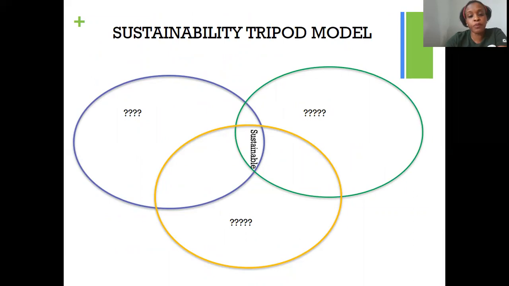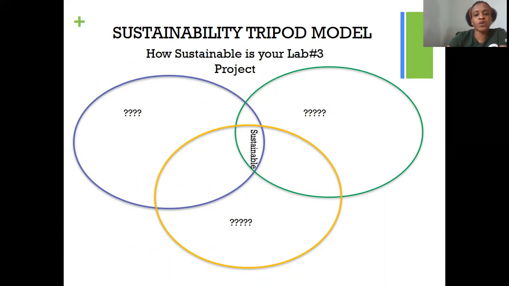And so just to wrap up, I would like you again in your Microsoft Teams channels to just start deliberating on your Lab 3 project. How sustainable is your Lab 3 project? Thinking about the social equitability of your Lab 3 project, thinking about the economic viability of your Lab 3 project, and also the green aspect of your Lab 3 project.